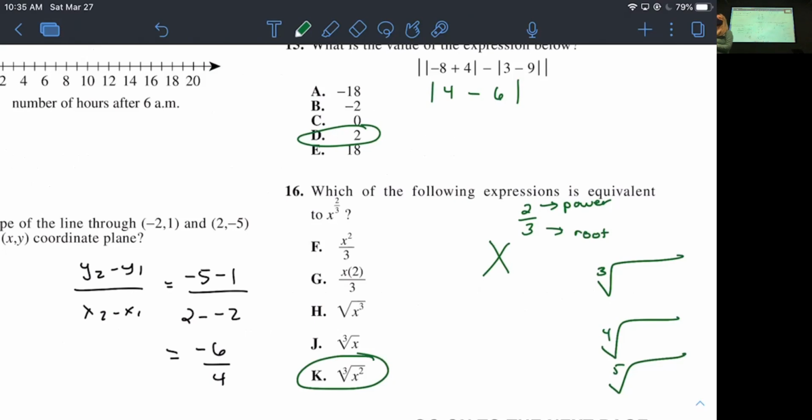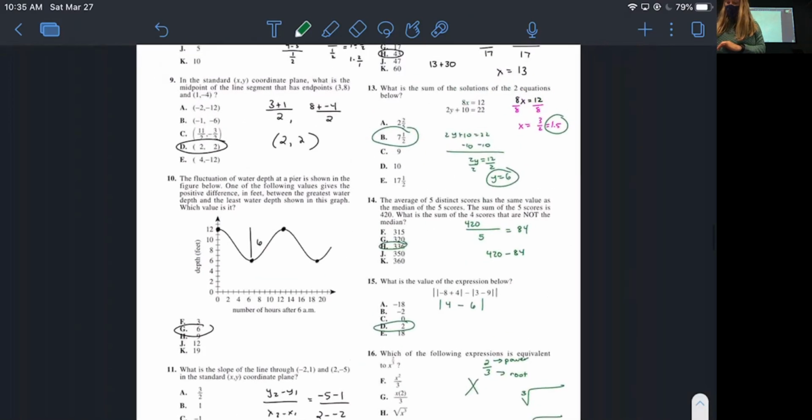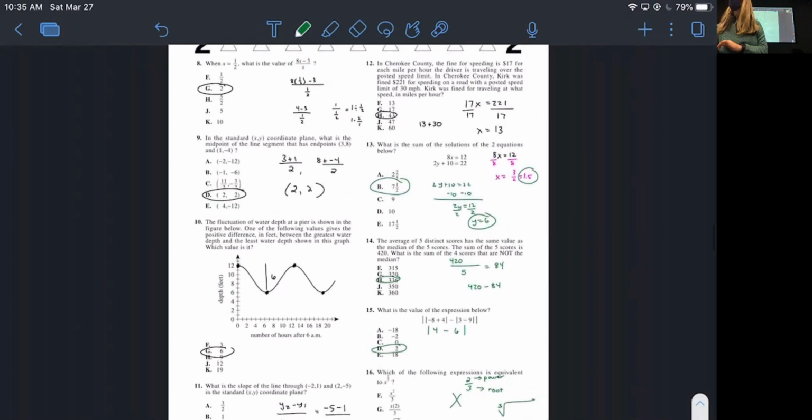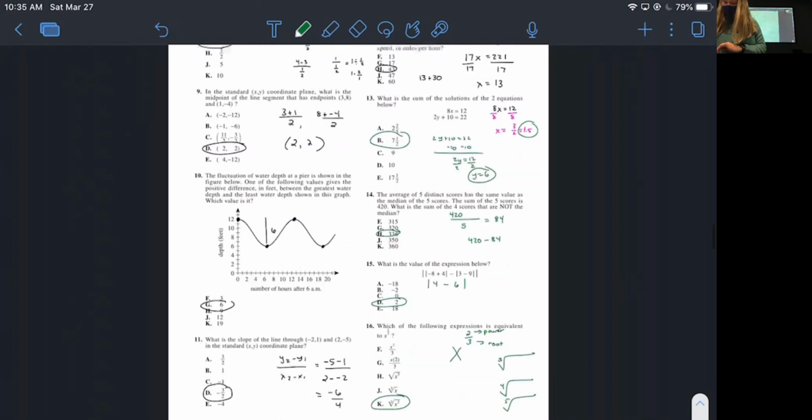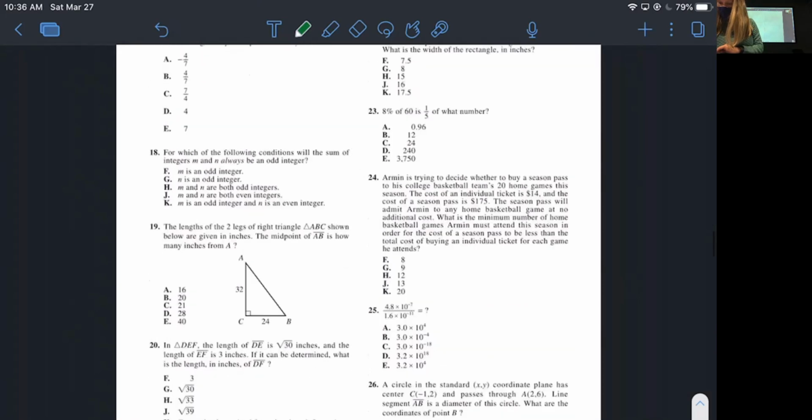Questions on fraction exponents? All right. Questions on any on this page? Okay. Then go ahead and try 17 through 27.